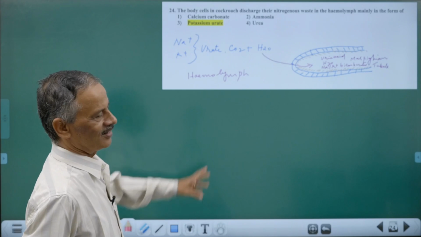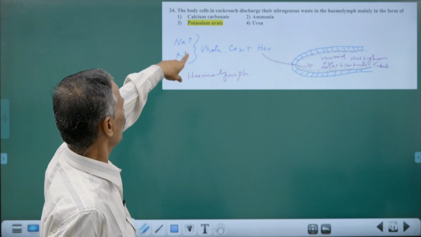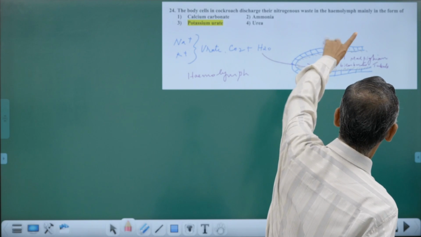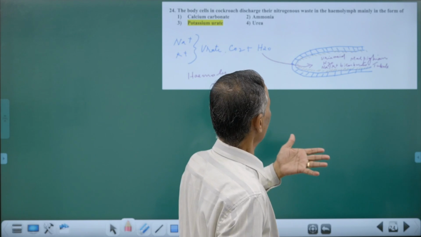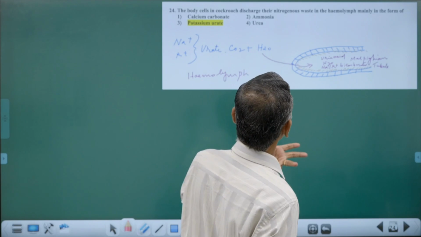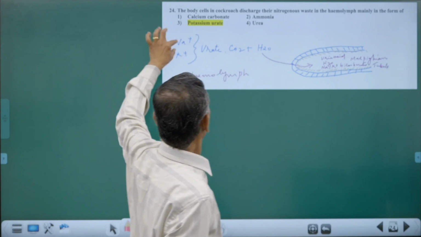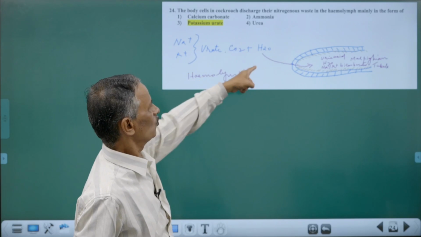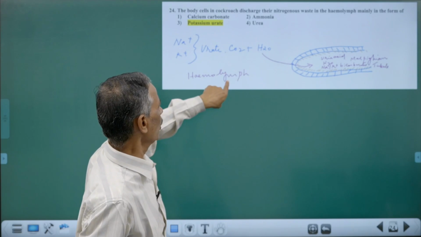In connection with the excretory Malpighian tubules, I have told you, body cells in cockroach discharge their nitrogen waste into the hemolymph. All tissues discharge their waste material into the blood, hemolymph, in the form of sodium and potassium urate, carbon dioxide, water, etc. They are all released by the surrounding tissues into the hemolymph.